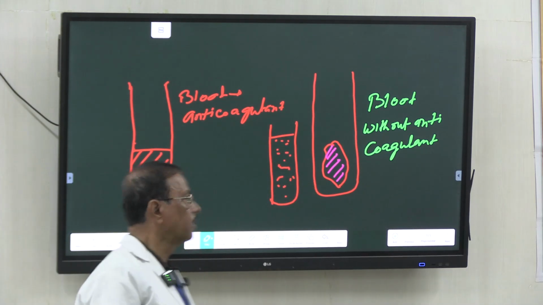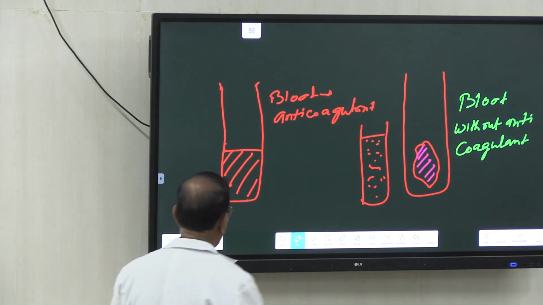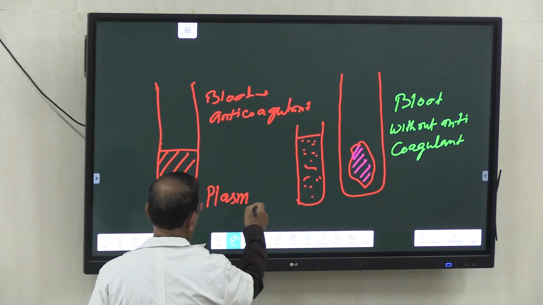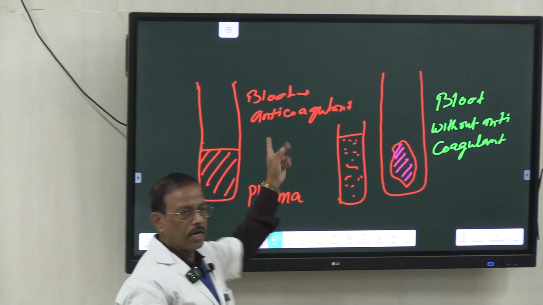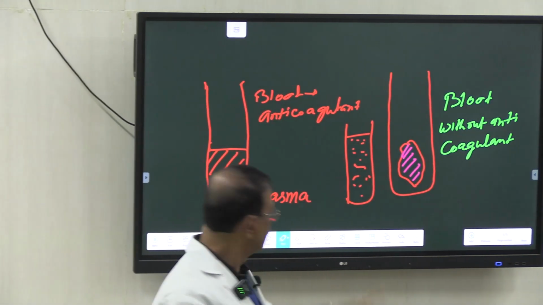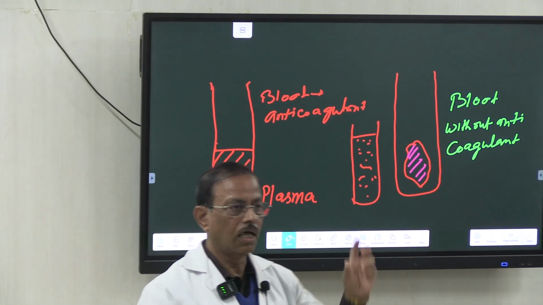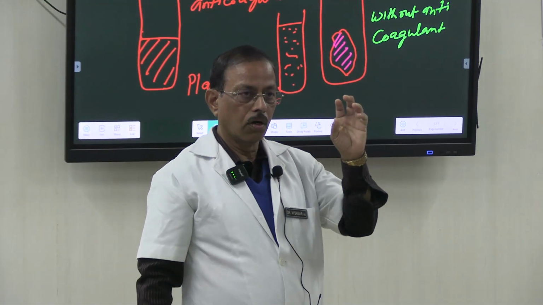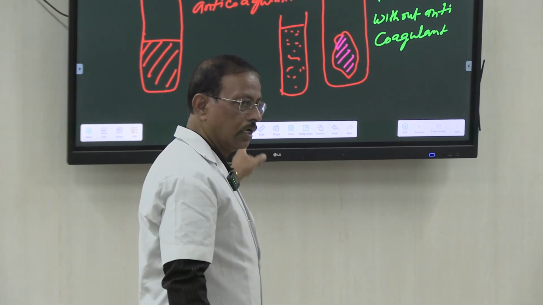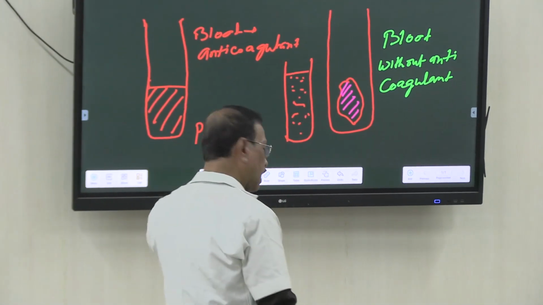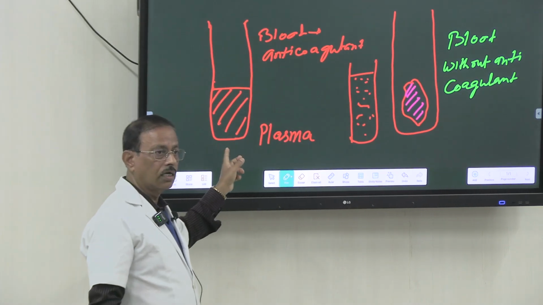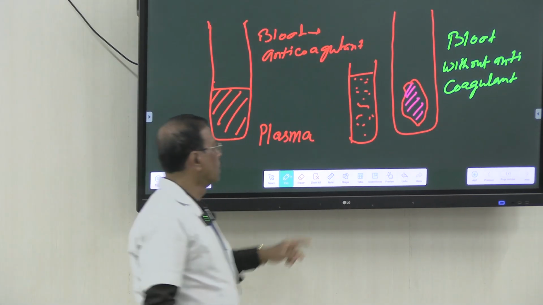Now the difference is that in plasma, as we are adding anticoagulant, the coagulation part has not taken place in the plasma portion. So the molecules responsible for the coagulation will be here in the plasma.